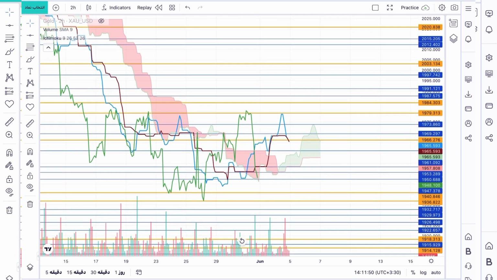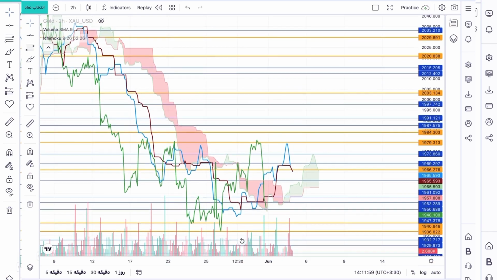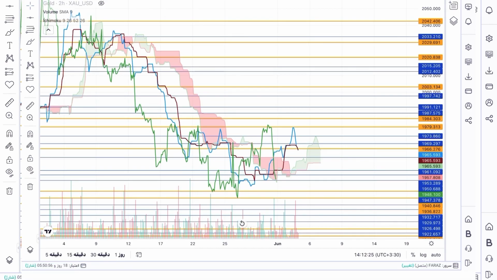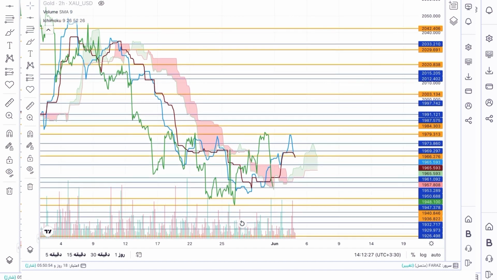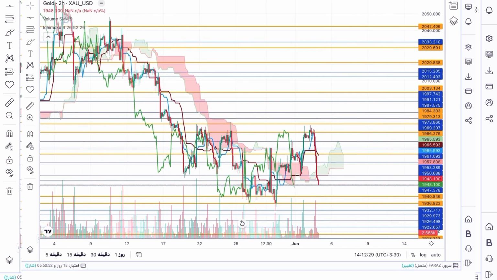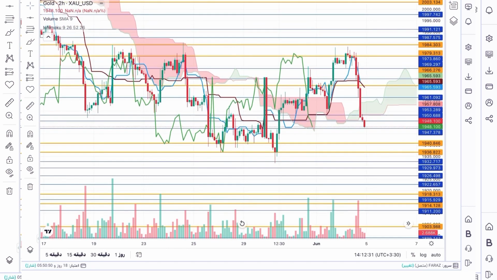So I have reached the current timeline, and we are done now with the second round of static lines. Now I am going to unhide the candles and put back the time frame to 30 minutes.